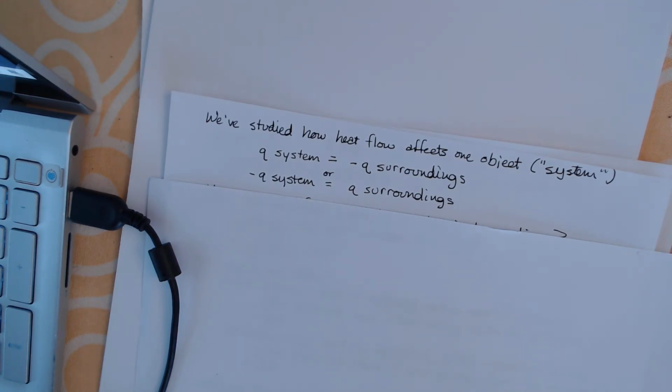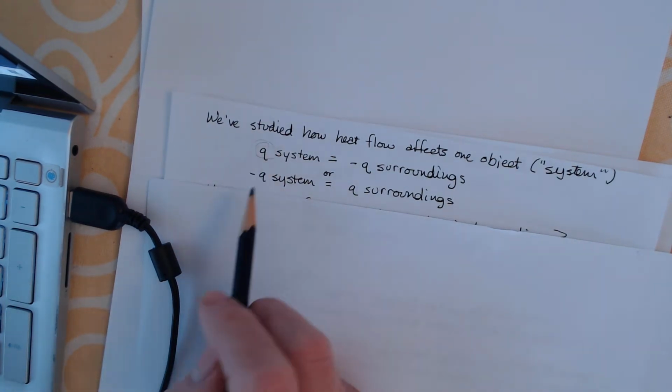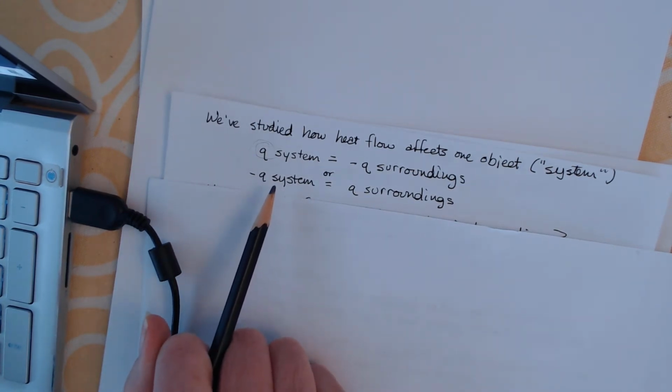We've been studying how heat flow affects one and only one object at a time. So we've been identifying whatever it is that we want to look at as our system, quote unquote, and we've been considering everything else the surroundings. And we've been using this variable Q to define the heat that's going on within that particular system.